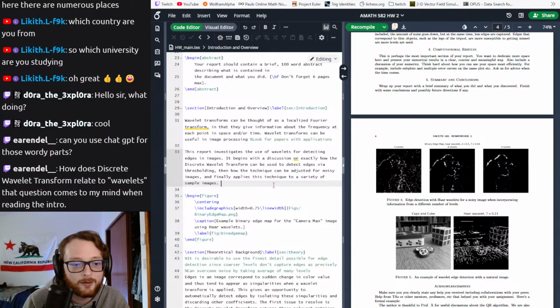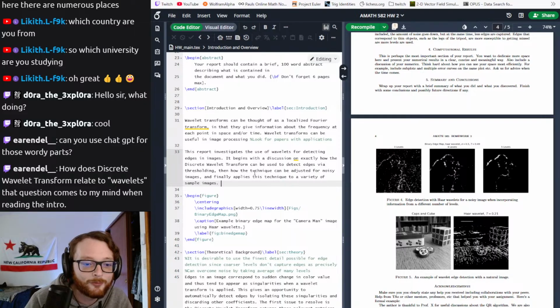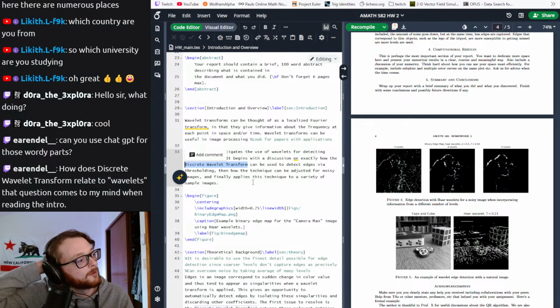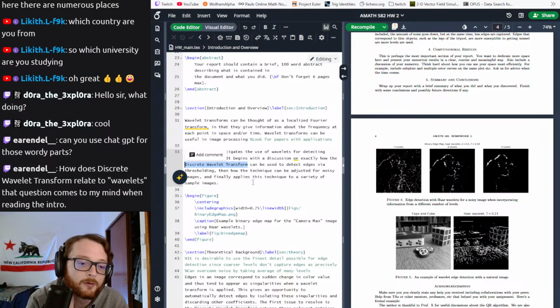I guess this is weirdly inconsistent, but I've been talking about the discrete wavelet transform when talking about practical image processing, and whenever I'm actually applying it, versus talking about wavelet transforms in general. It is kind of weird.